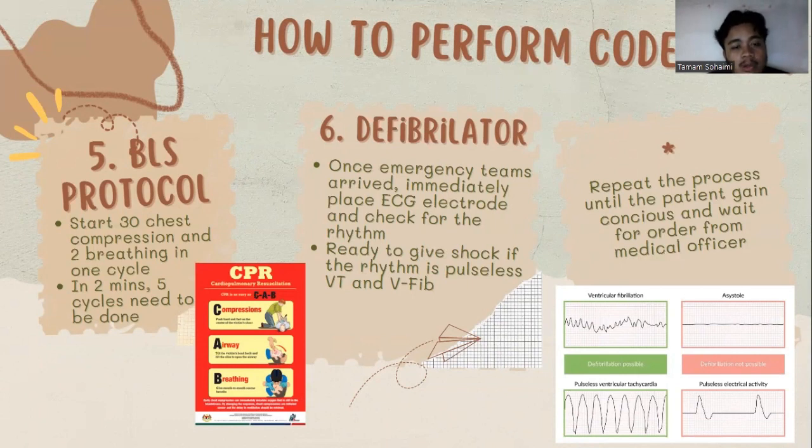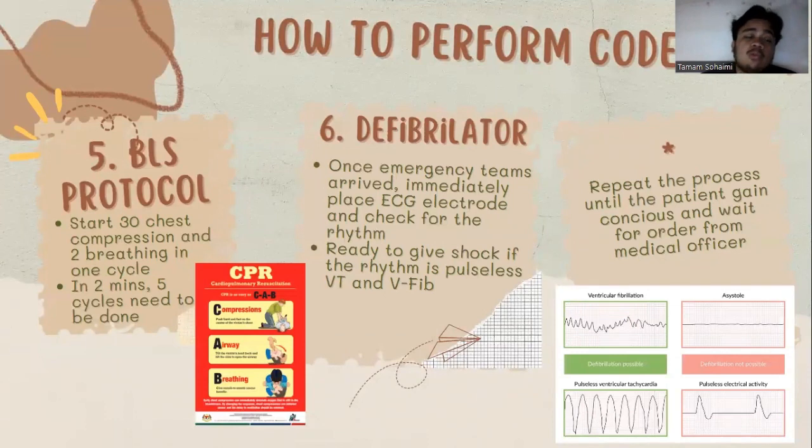While we are doing the chest compressions and breathing, the emergency team and the doctor arrive at the scene. Immediately after doing BLS, we must place the ECG electrodes and check for the rhythm, ready to give a shock if the rhythm is pulseless VT or VFib.